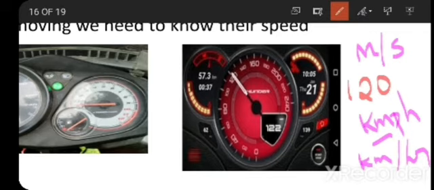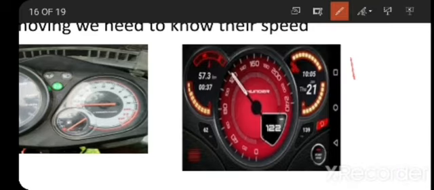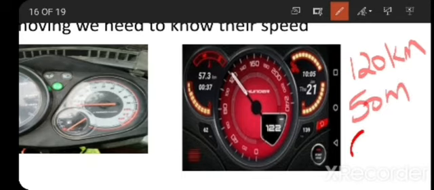They are saying how much speed it is coming with. If they simply say 120 kilometers, 60 kilometers, 70 kilometers, or 50 meters, 20 meters, 10 meters, only meters or kilometers without mentioning time, then they are talking about the distance covered by the vehicle.